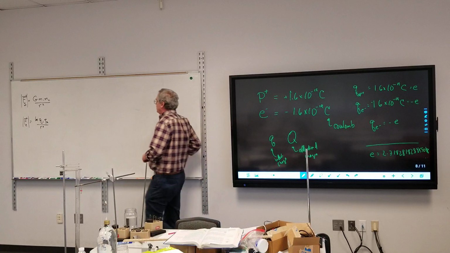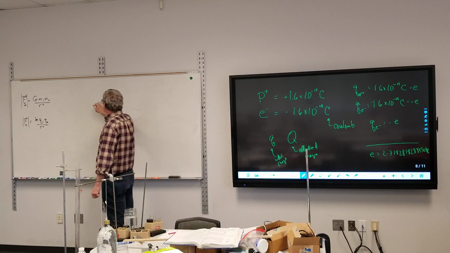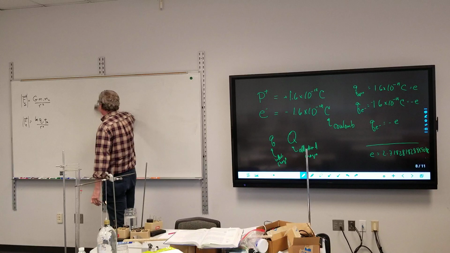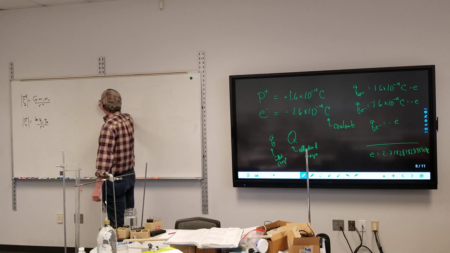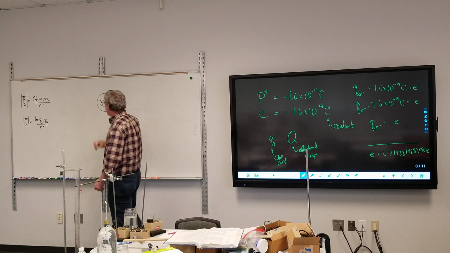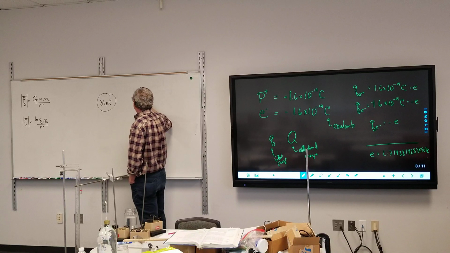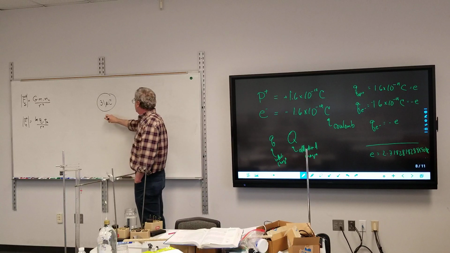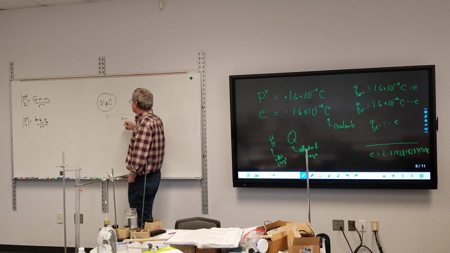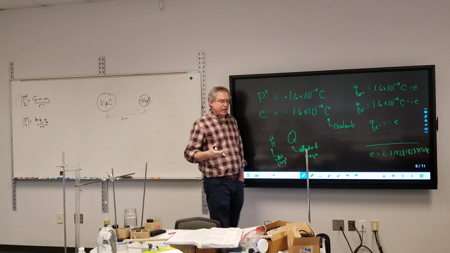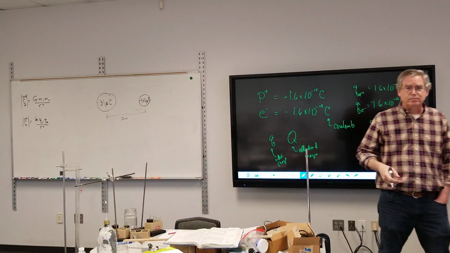So, if I have a positive 31 microcoulomb charge right here, and over here I have a negative 50 microcoulomb charge, and they are 2 meters apart, what is the force acting on the negative charge?